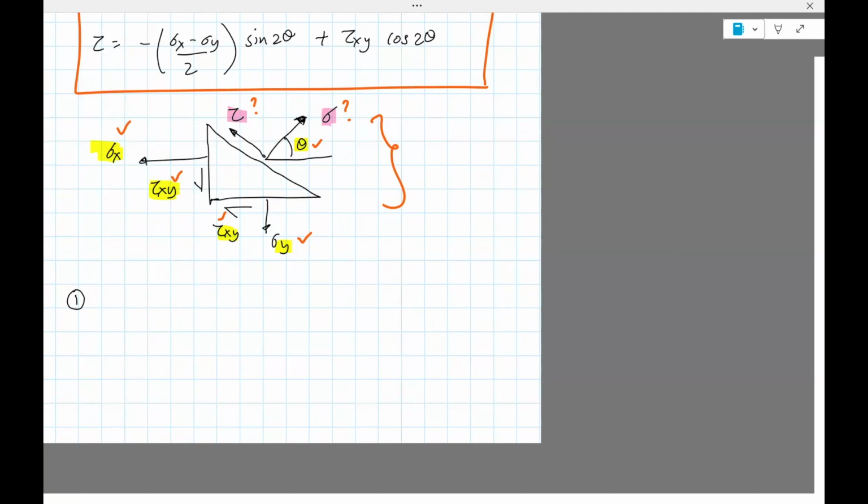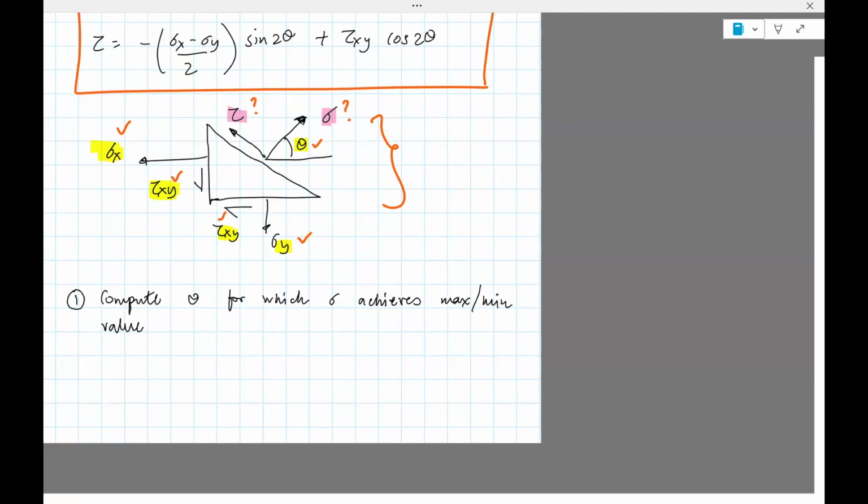It's the maxima, which would be when d square f dx square is less than 0, and minima if the d square f dx square is greater than 0. So we do something similar. So here what we're trying to do is compute theta for which sigma achieves max or min value.